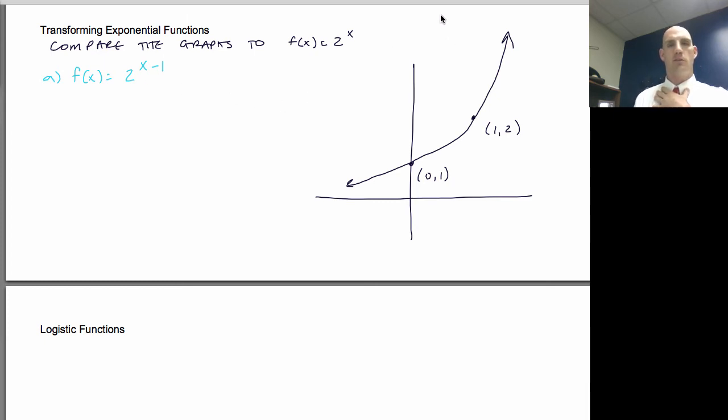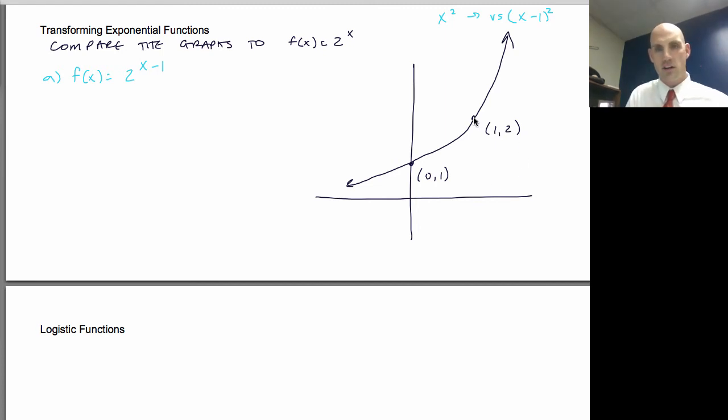So that would be like when we had x squared versus x minus 1 squared inside the function. And so this one moved it right 1. Well, the same thing is going to be true here. So when I look at these functions and try to determine where it goes, I'm comparing it to things that I've already looked at.